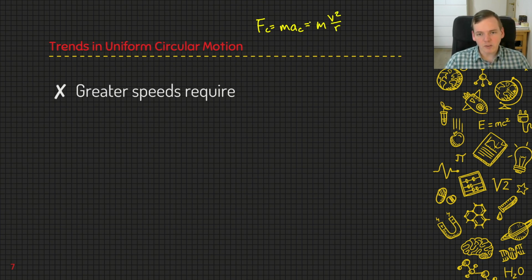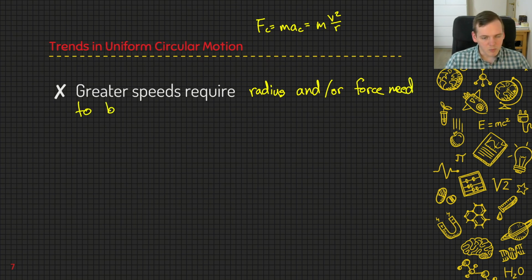If you have a greater speed, if you want this speed to be bigger, then the radius and/or force need to be bigger to keep it in a circle.